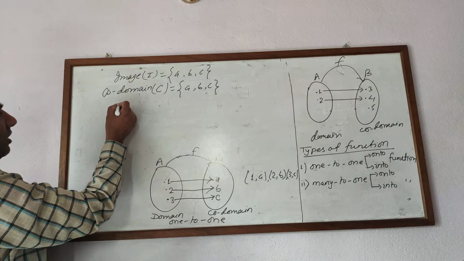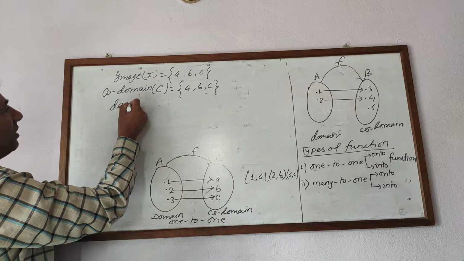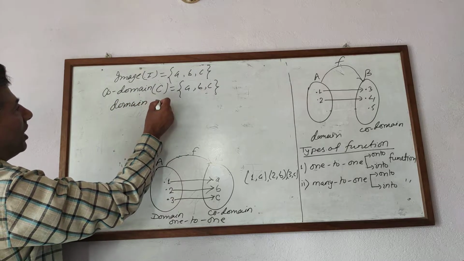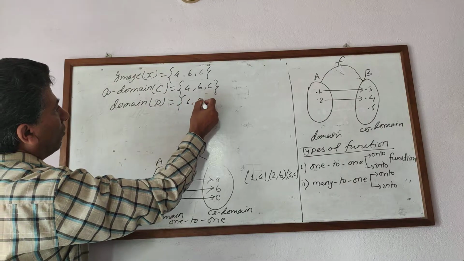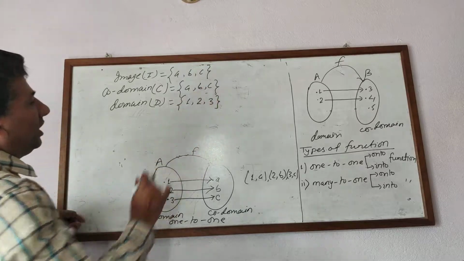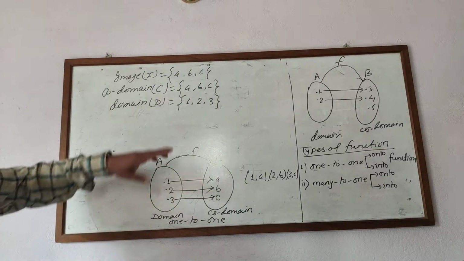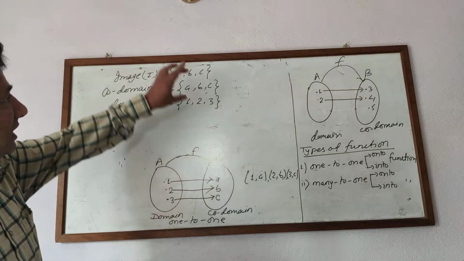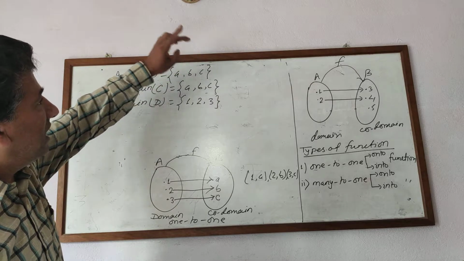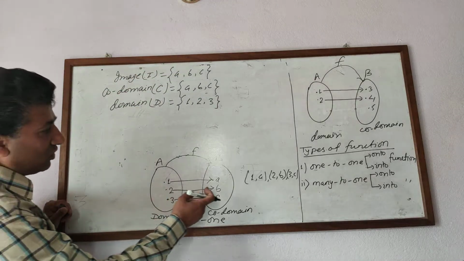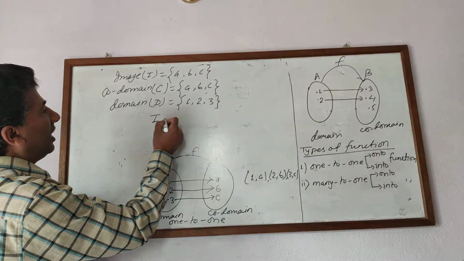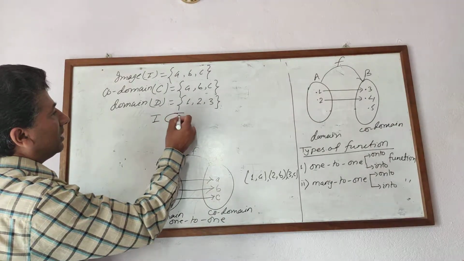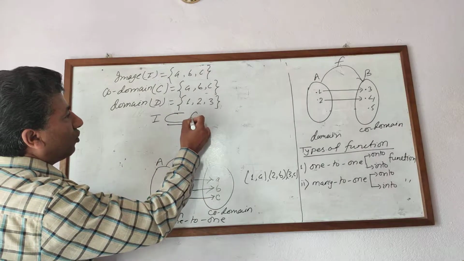And the domain of the function, I write D: 1, 2, 3. Now in this case, the set of image is A, B, C. The set of image is equal to the set of its codomain. That is, I is equal to its codomain.